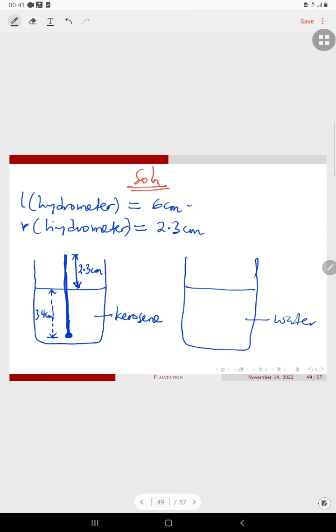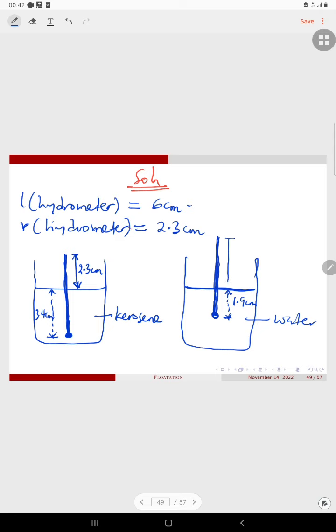Then it says that it was also known that 1.9 is submerged in water. So 1.9 means a small portion is submerged in water. So greater portion is above, all right? So I can do the drawing like this, and this becomes my 1.9 according to the question.